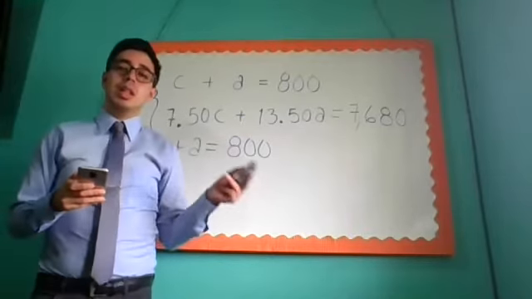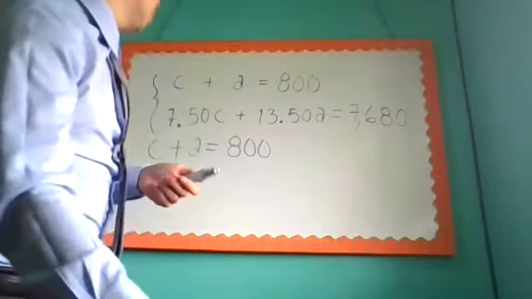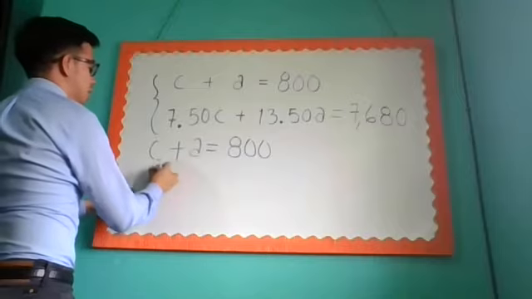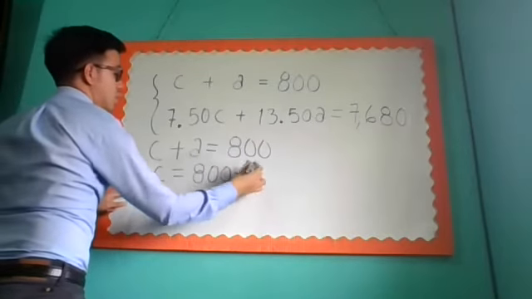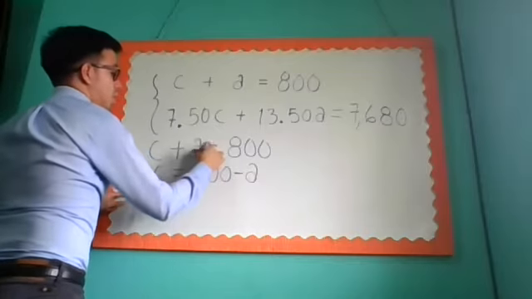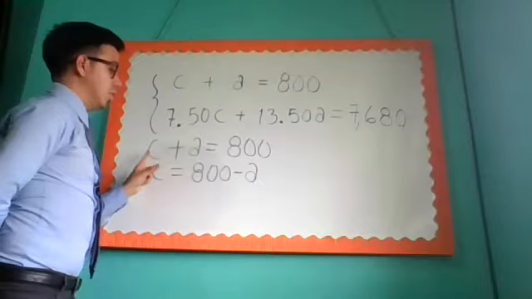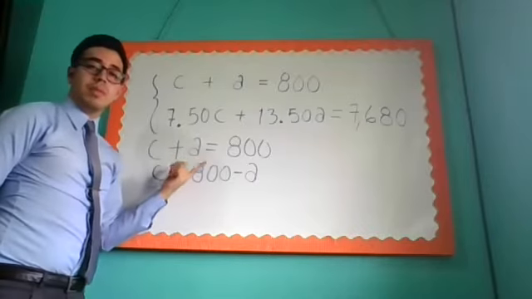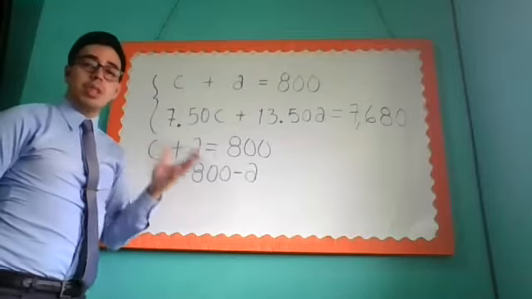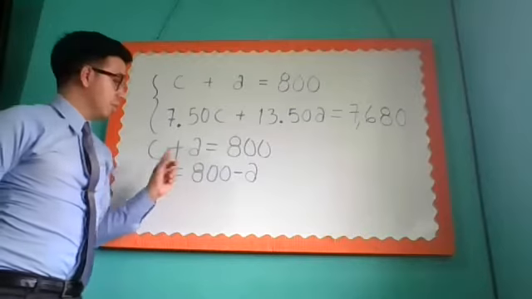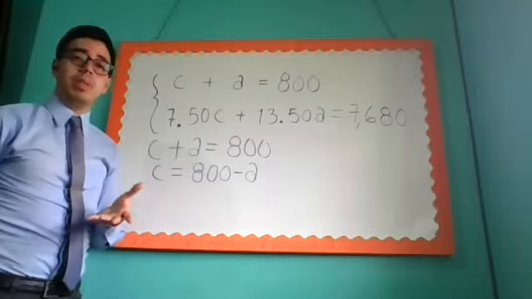So we express the terms in the variable A. So if we solve for the variable C, we have that C is equal to 800 minus A. So the total number of tickets, minus the number of tickets for the adults, gives you the number of tickets for the children. Remember, I'm using the total because I want to know the value for both of them. I want to know how many tickets for children and how many tickets for adults there are.